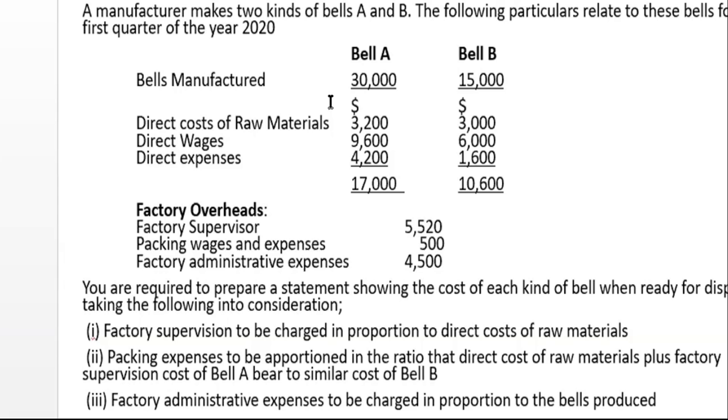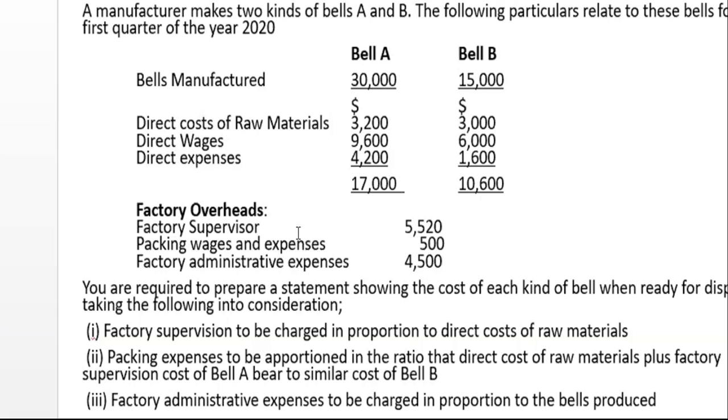For bale B, we incurred $3,000. For direct wages, we incurred $9,600 for bale A, and then $6,000 for bale B. Then direct expenses, we incurred $4,200 and then $1,600. So giving us a total of $17,000 for A, and then $10,600 for B.